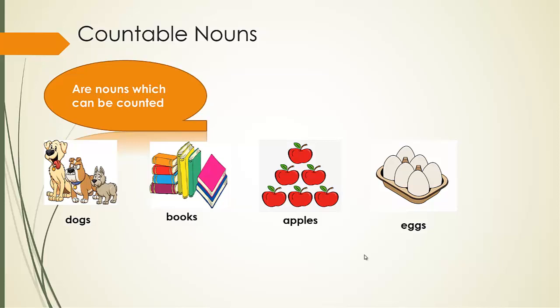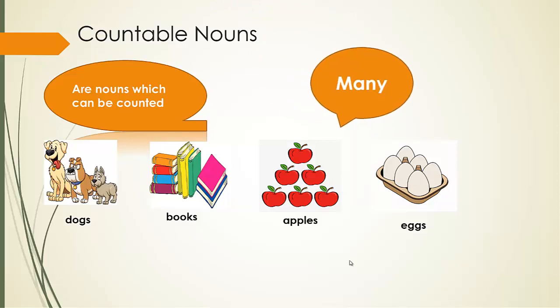It is countable. Okay? So now it is clear for you what is the meaning of countable nouns. The nouns that can be counted. Dogs, box, apples, eggs. Anything that you can count, we consider as countable nouns.